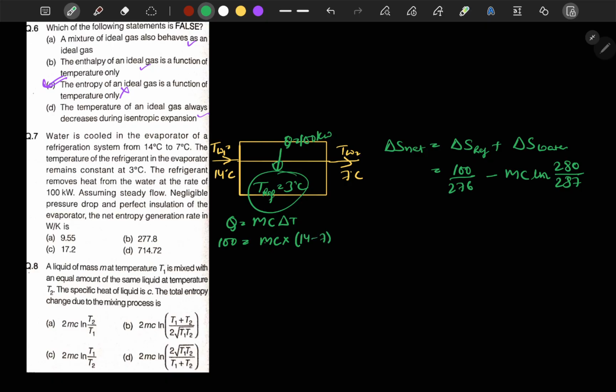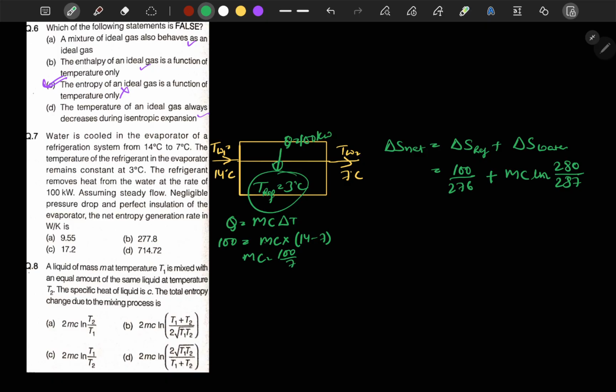So we get MC is equal to 100 by 7. On substituting these values, let me calculate the answer: 280 divided by 287, ln, into MC divided by 7. And this term should be taken positive, because the negative sign is automatically considered here.